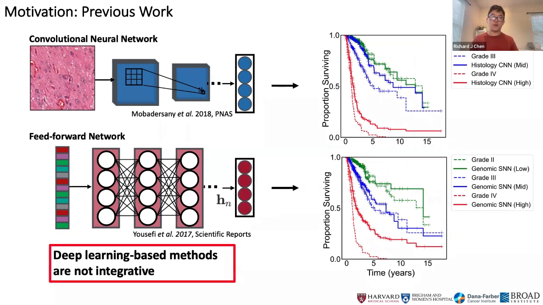For example, for images, Mobadersani et al. showed that you can use CNNs supervised with a Cox loss to stratify outcomes, and similarly in Yousefi et al., all from Lee Cooper's group, they showed that you can supervise feed forward networks on top of genomics, also with Cox loss. These methods do quite well in terms of patient stratification, but overall these methods are not integrative.